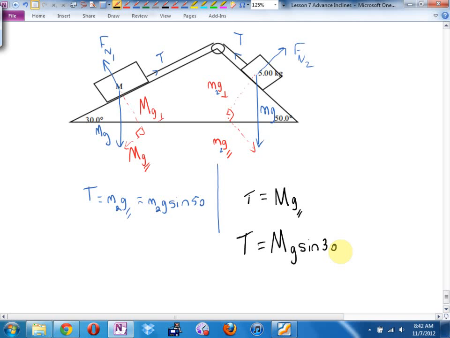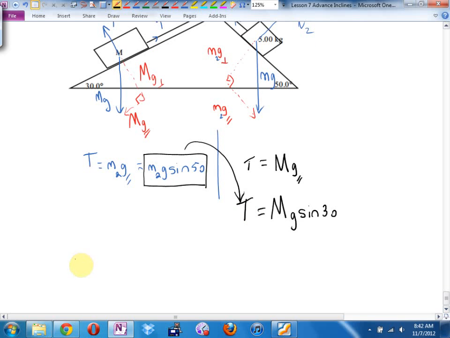But what else is tension equal to? I think what I can now do, Dylan, is take this and replace it. This is my actual equation. As it turns out, I'm going to get m2 g sine 50 equals big M g sine 30.